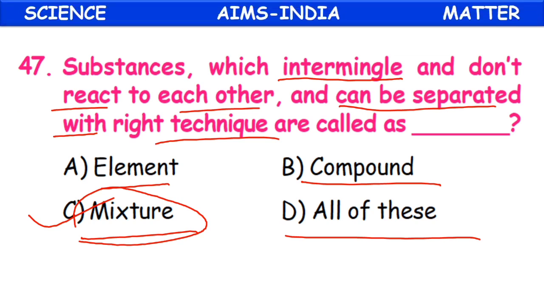Clear? Yes. And what is element, children, here? So element again is the purest substance which is made up of the same kind of atoms like hydrogen, oxygen and all that. Okay. And for compound, if you have two or more than two elements, then that becomes a compound, which is chemically in a fixed ratio. Okay, like water, carbon dioxide and all that.